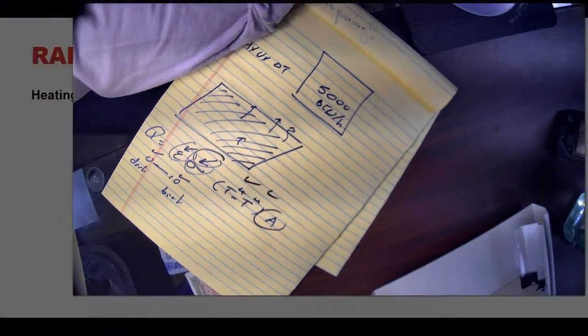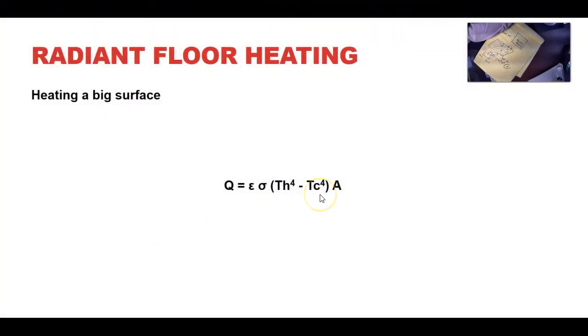I don't want to go too much into the science of it because that's beyond our scope, but this is T hot to T cold raised to the power of 4, and the area. What you need to take from this confusing equation is that the surface area is very important, and so is the view factor, which is how much of this surface area is facing the space that you would like to heat.